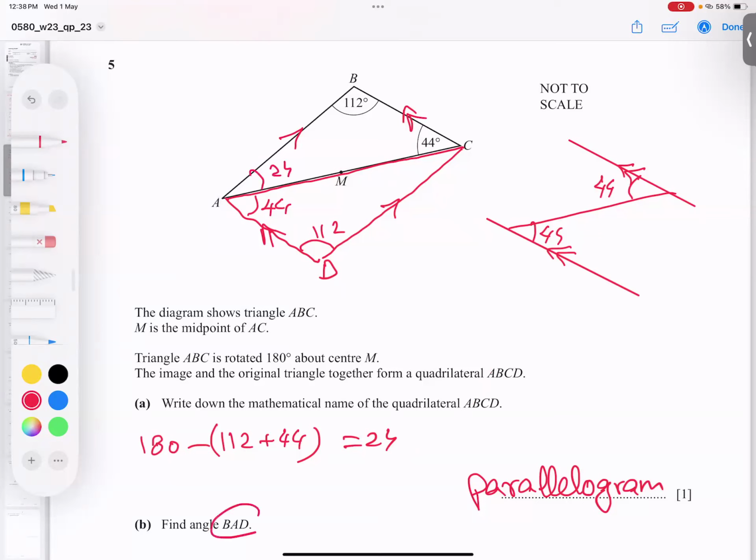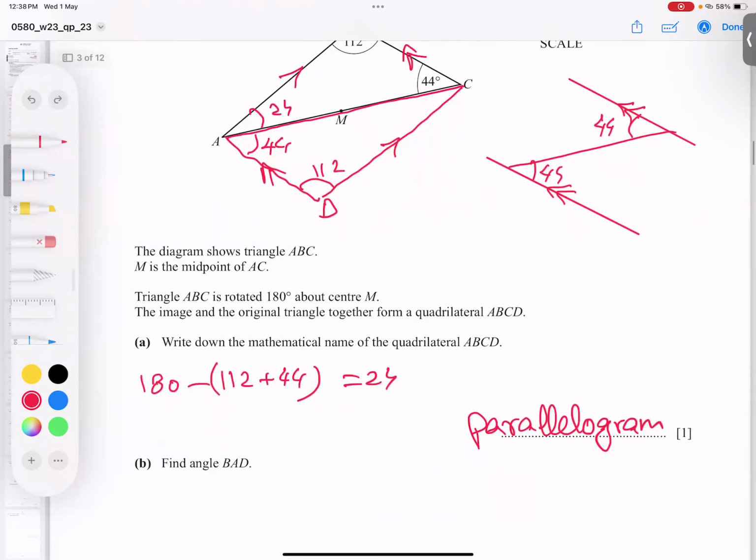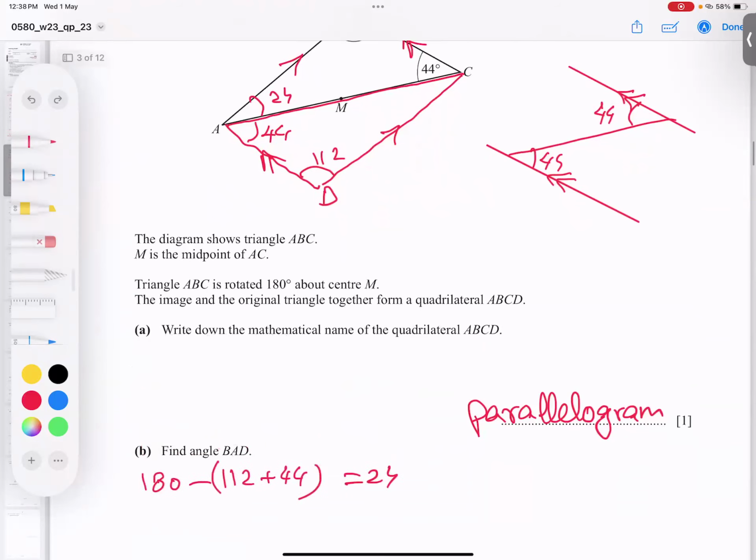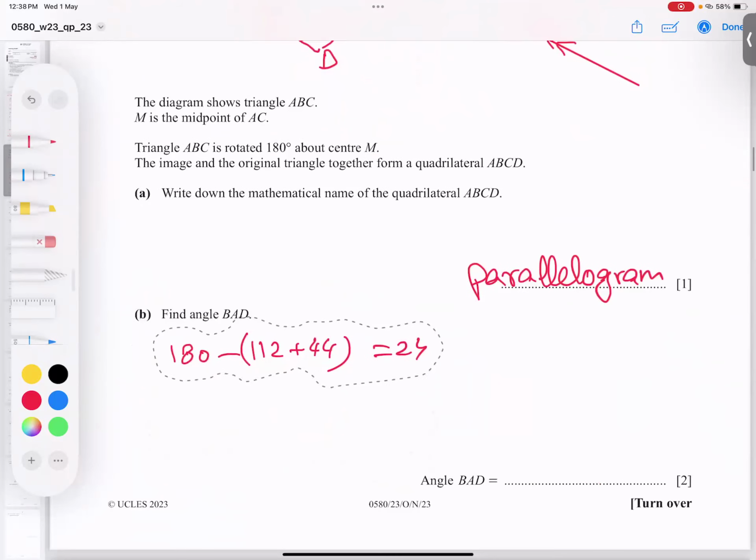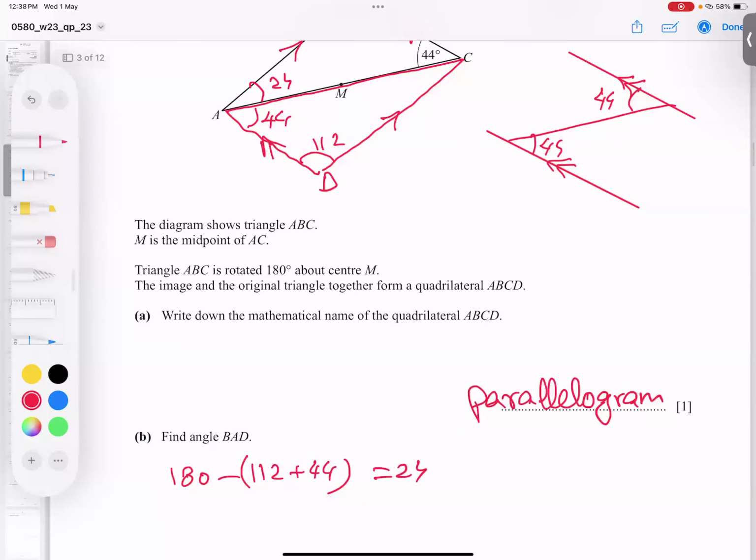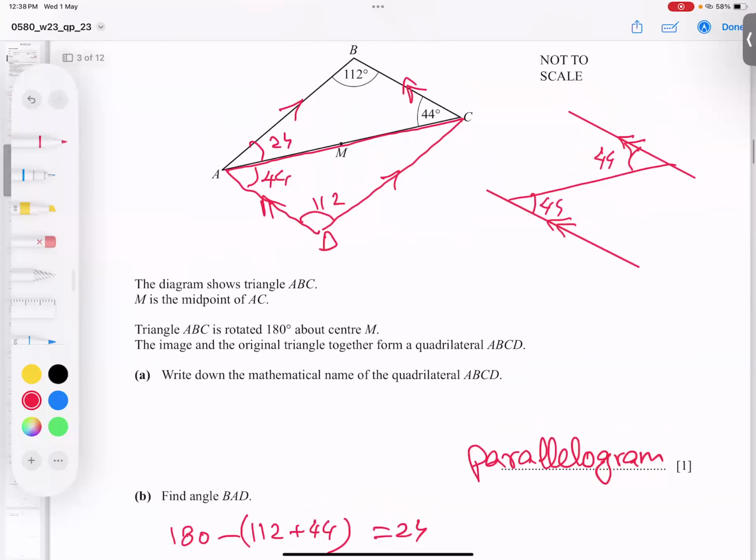But he is asking BAD. How? B on the top here, D here. So he talks about this angle. So it means you have to add them, both, sorry, not all. So this I drag down. And this was an angle, how to pronounce, BAC.